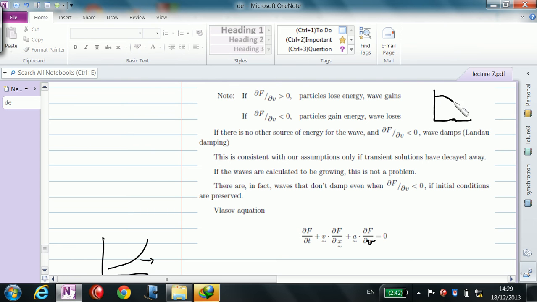If F is going down and this is the resonant frequency, then it flattens it. It accelerates particles from just below to just above.